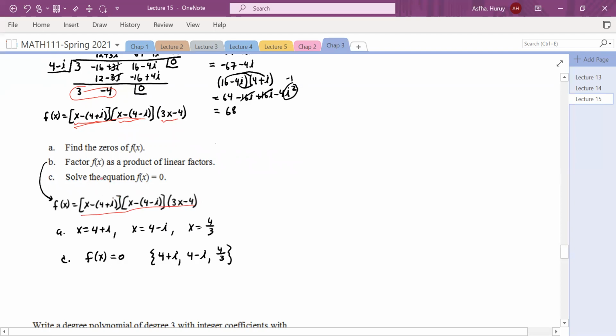And then solve the equation f of x equals 0. Well, once it's factorized, we have x equals 4 plus i, x equals 4 minus i, and then x equals 4 over 3. So these are the zeros of the function f of x.